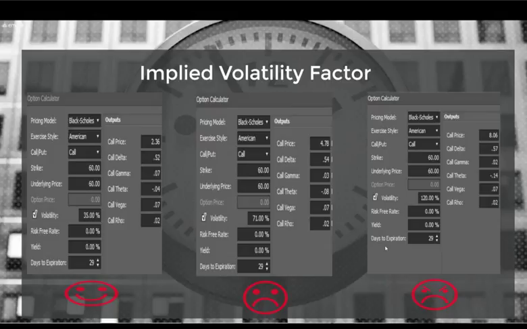So sitting back and looking at this, what can we deem from it? Well, if implied volatility is two times what it normally is, that same at-the-money call option is going to be $8. And if you remember the 2008 financial crisis, the VIX, which is the volatility on the S&P 500, was at highs.